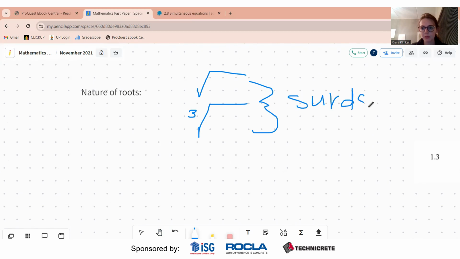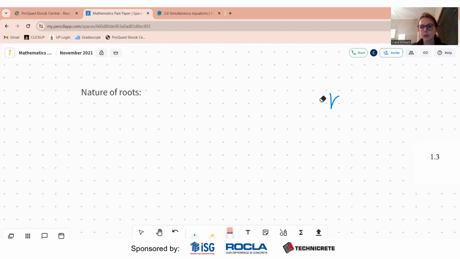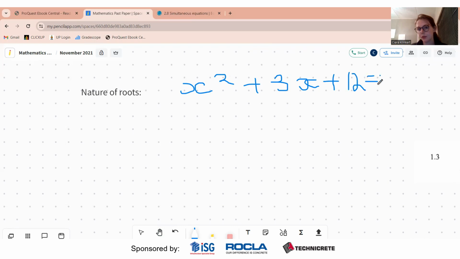A root is actually an x-intercept or the solution of some equation involving x set equal to 0. Okay, so that is what a root is.